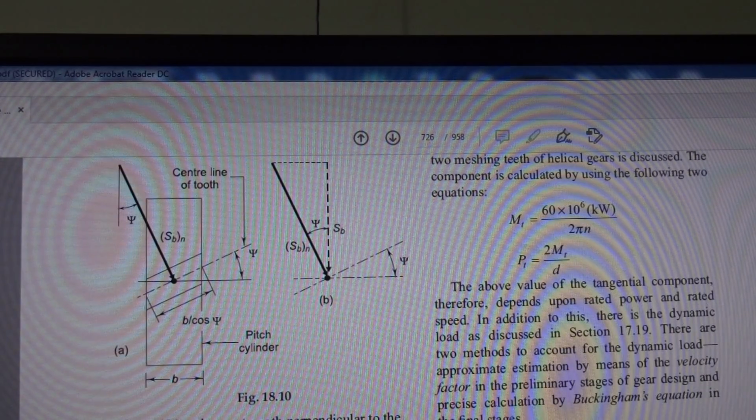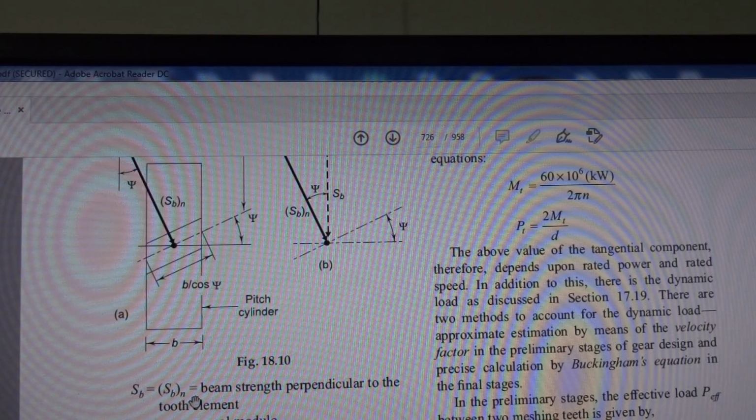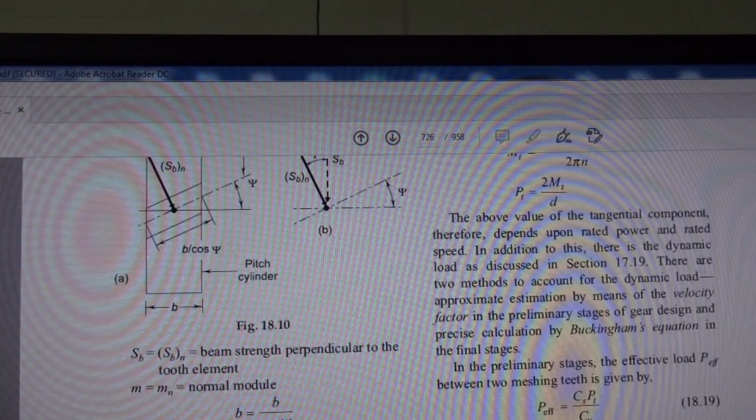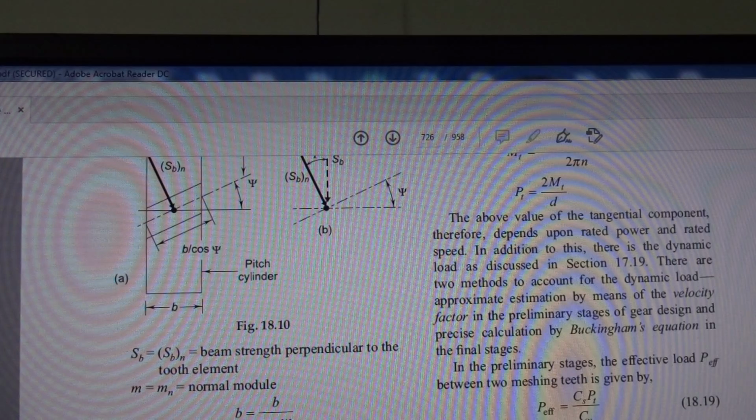So SBN is the beam strength perpendicular to the tooth element. Here M is equal to Mn, the normal module, and B is equal to B by cos psi, as already shown in the figure. So substitute the values in SBN: SBN is equal to Mn B sigma b Y, with B as B by cos psi.